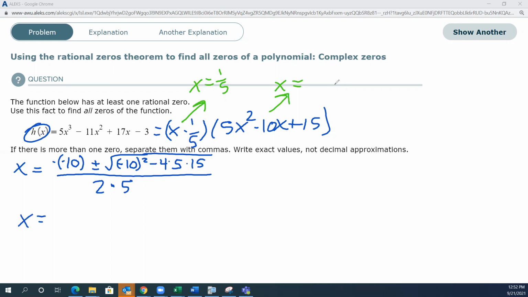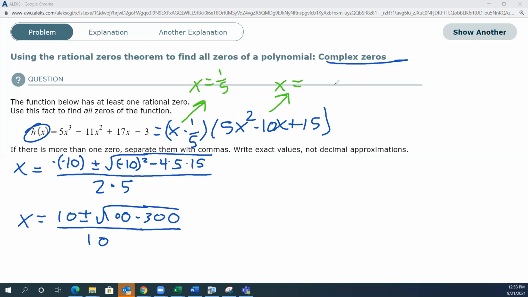So I'll get the 10 and the 10, which I cannot cancel yet. And then 100. And then what is that? That's going to be 60 times 5 is 300. And, I got to be honest, I didn't even finish reading the name of this topic, but it says complex zeros. So that makes sense because we're going to get square root of a negative number there. Right, so we'll get 10 plus or minus root negative 200 over 10.